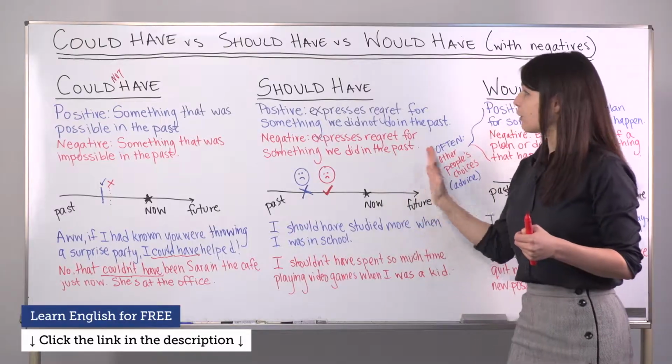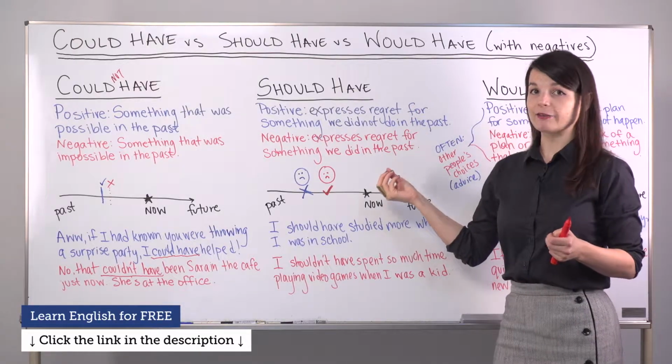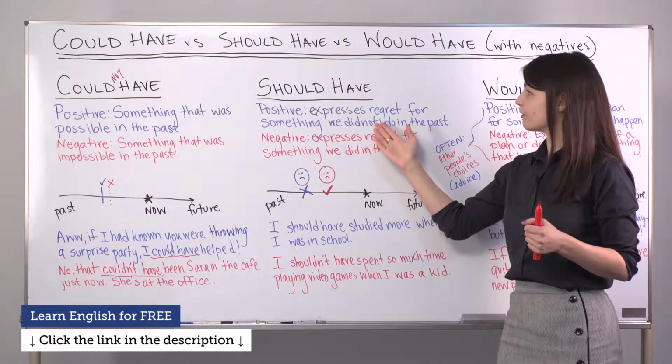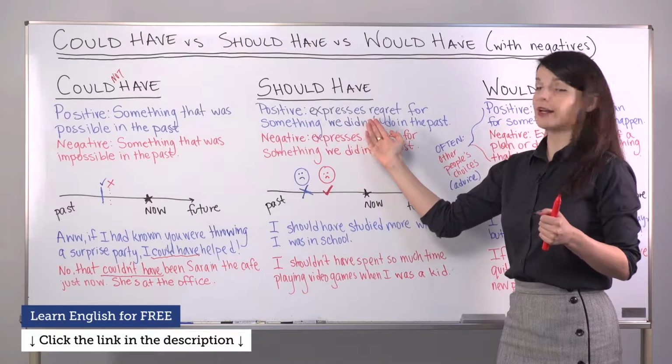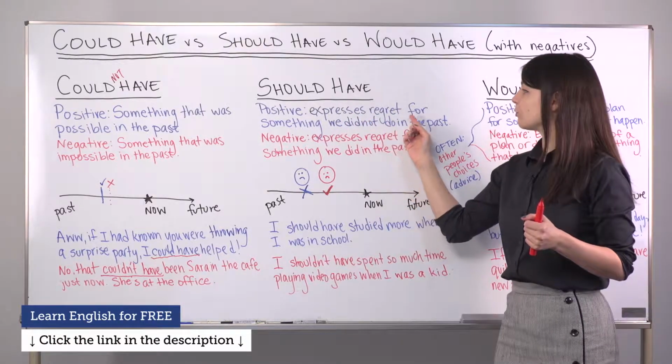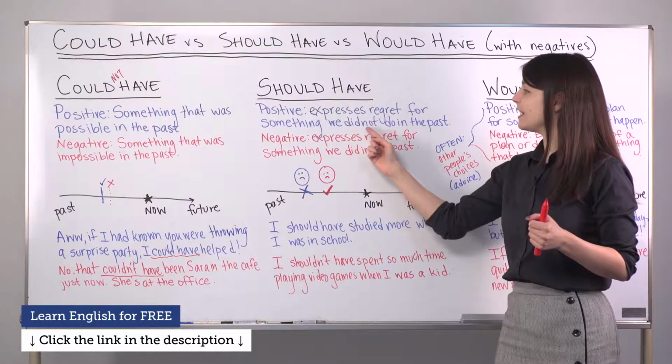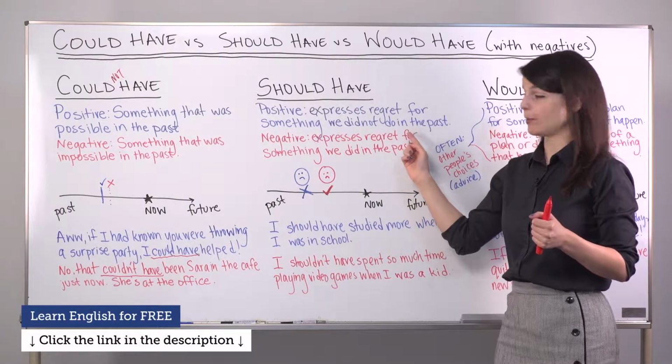The next part, I want to focus on should have. So let's look at the positive form. Should have in the positive expresses regret for something we did not do in the past.